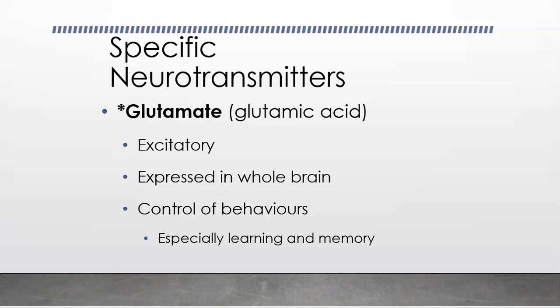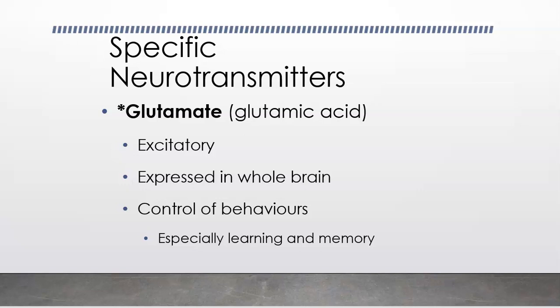You're going to read about them. So these are the two main neurotransmitters. If you're going to remember any two after this class, remember glutamate, and then the next one I'm going to talk about, GABA.